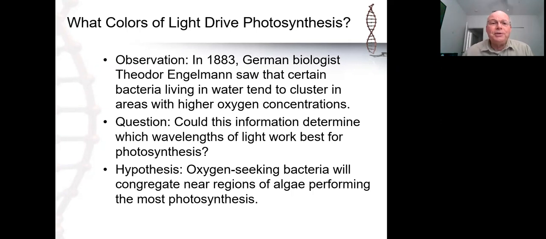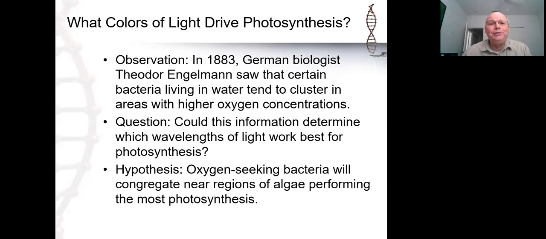And Engelmann decided that he would use the current knowledge of photosynthesis and the current knowledge of light to try and figure out which wavelength was actually best at driving photosynthesis. This is one of the experimental asides in the textbook, so that's why it's at this position in the presentation, because this is where it occurs in the chapter.